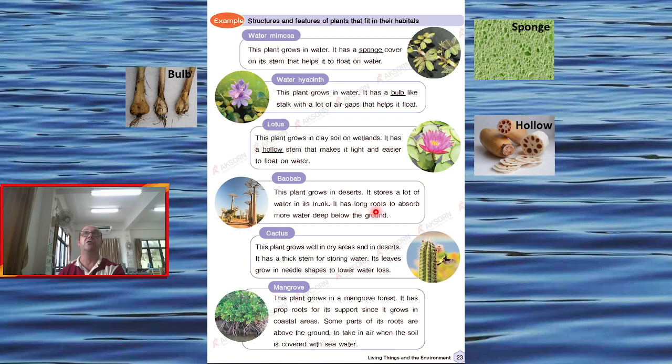It has long roots to absorb more water deep below the ground. So this is a tree. The baobab is a tree. I think they grow in Africa. I'm not really sure. I think they grow in Africa.